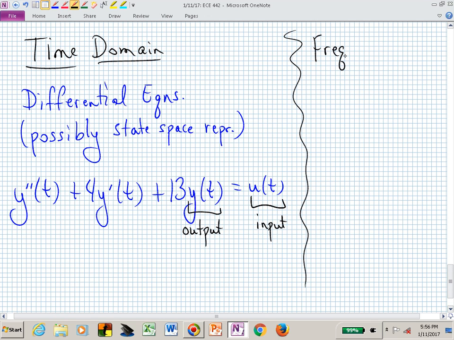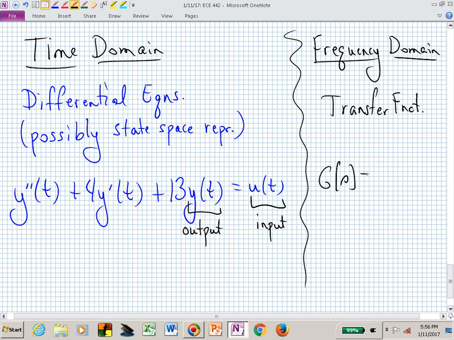But then we can go into the frequency domain, or transfer function description. Can you see that by just looking at the differential equation, you can find a G of s, which you can think of as the ratio of the output's Laplace transform over the input's Laplace transform?